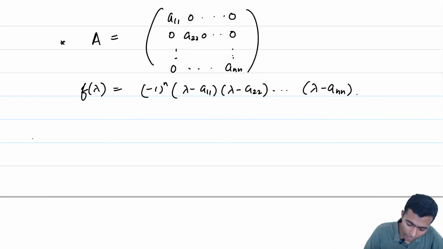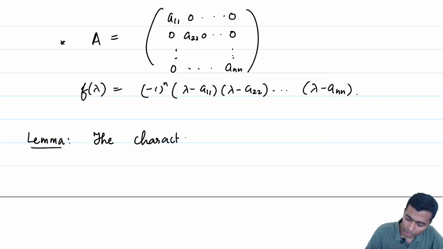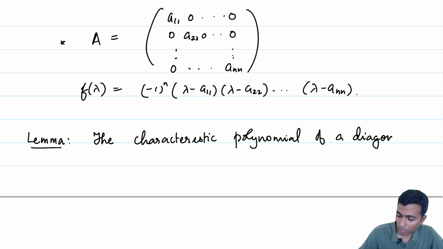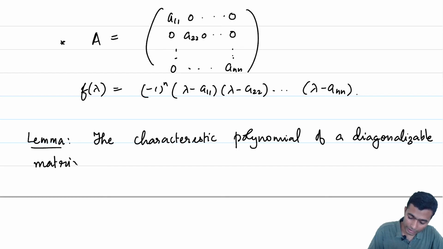So I'll write down a lemma, which I will not prove, I just said it in words. The characteristic polynomial of a diagonalizable matrix necessarily splits.